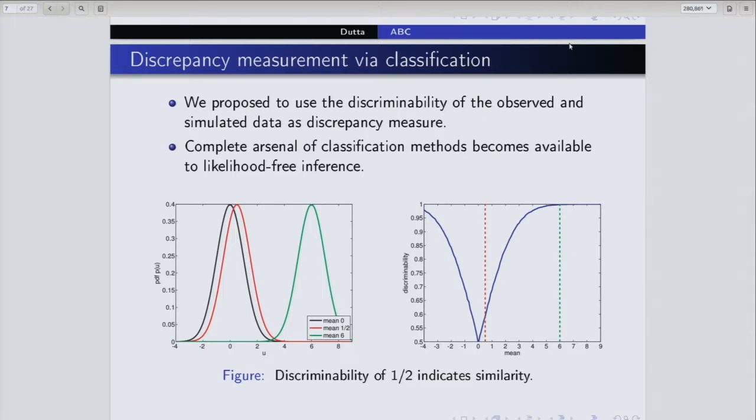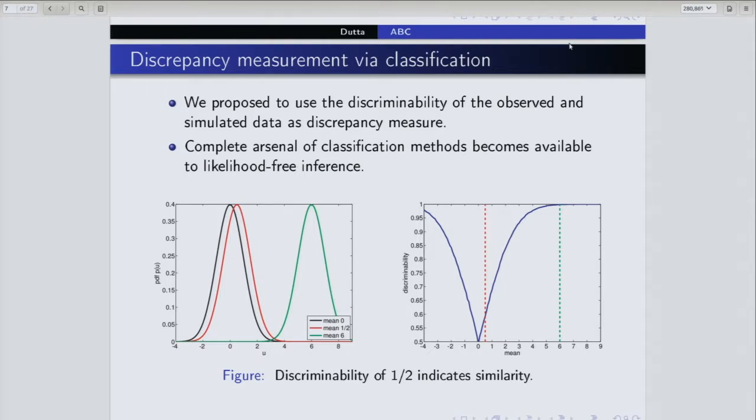So going further, we propose to use the discriminability of the observed and simulated data as a discrepancy measure, and a complete arsenal of classification methods becomes available to likelihood-free inference. What does this mean? Classification is one of the fundamental things in machine learning. If any of you have heard the term deep learning, which you keep seeing here and there, that's basically a classification rule.